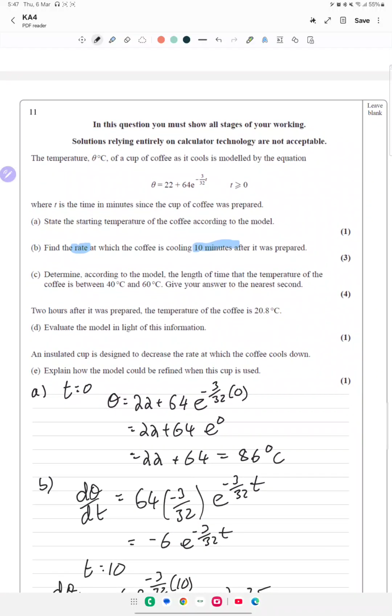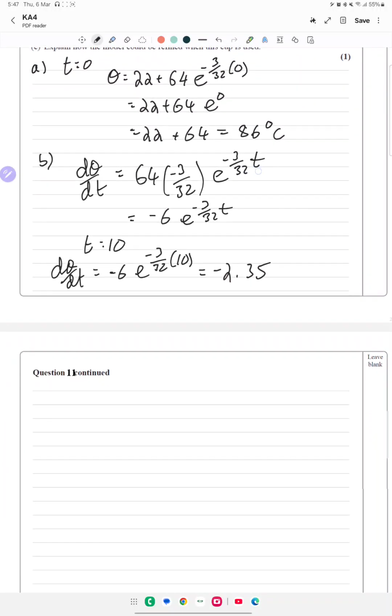Now it's asking for the rate that it's cooling. So the rate of cooling is 2.35 degrees C per min.